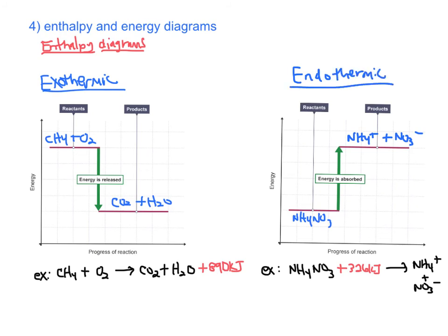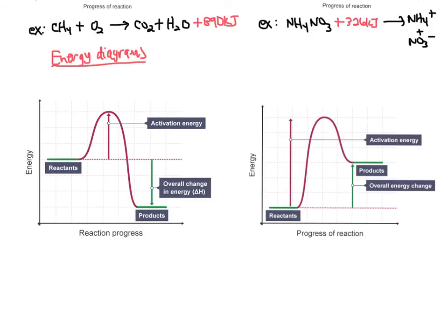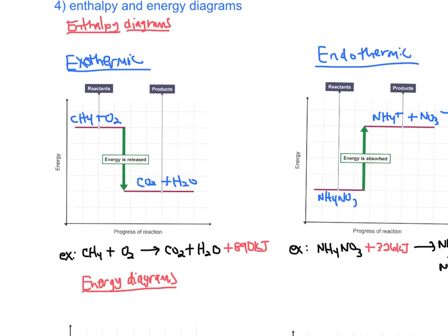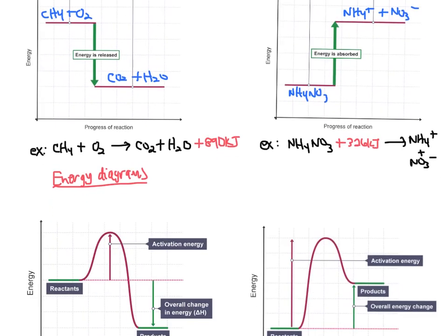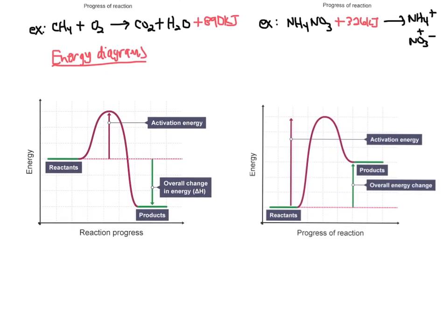It's showing energy being absorbed by your reactants to become your products. And another way you can express endo and exothermic reactions is something called an energy diagram. So up here we had our enthalpy diagrams, and an energy diagram is very, very similar.